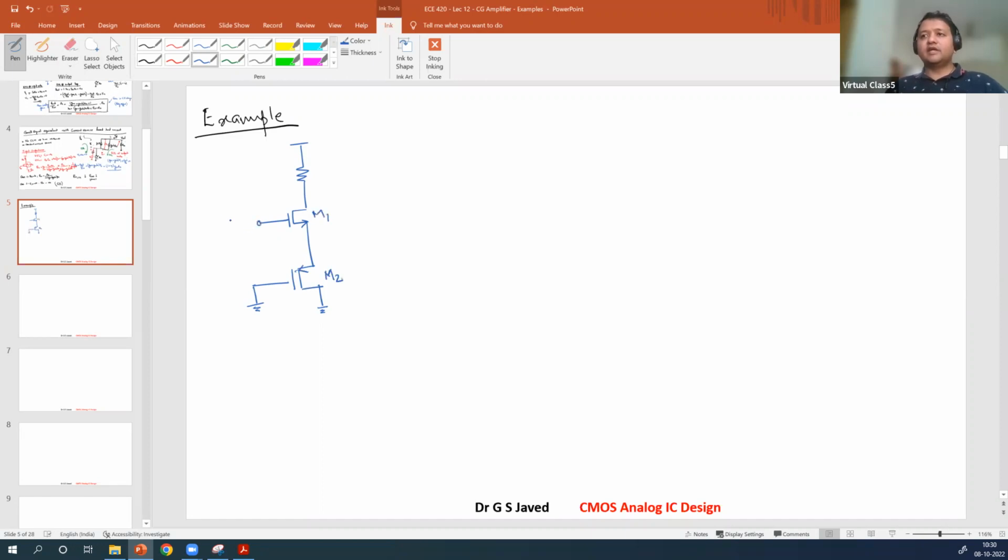At the gate of M1, we will apply the input, and RD. If you note, M1 is an NMOS device and M2 is a PMOS device. Now, what is M2 connected as? M2 is diode connected.